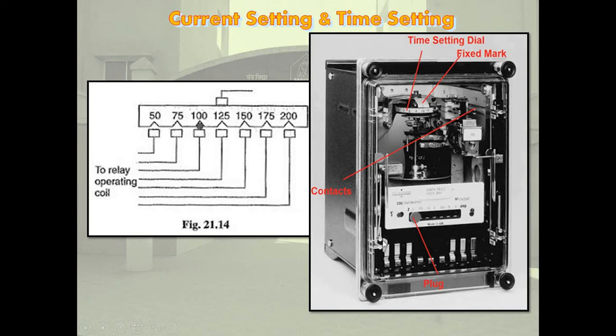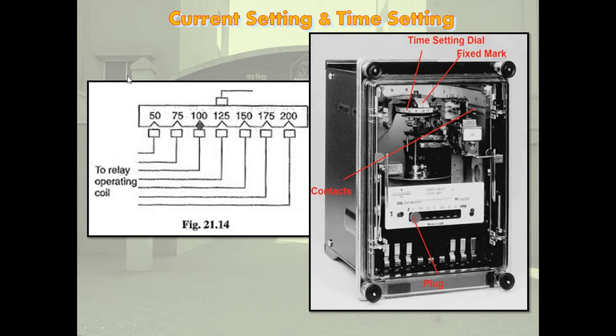In current setting, this arrangement should be provided in the relay to adjust the current. This arrangement is called the current setting. Different tappings are taken from the relay coil and are taken to the plug bridge. Percentage of current is written on the bridge.